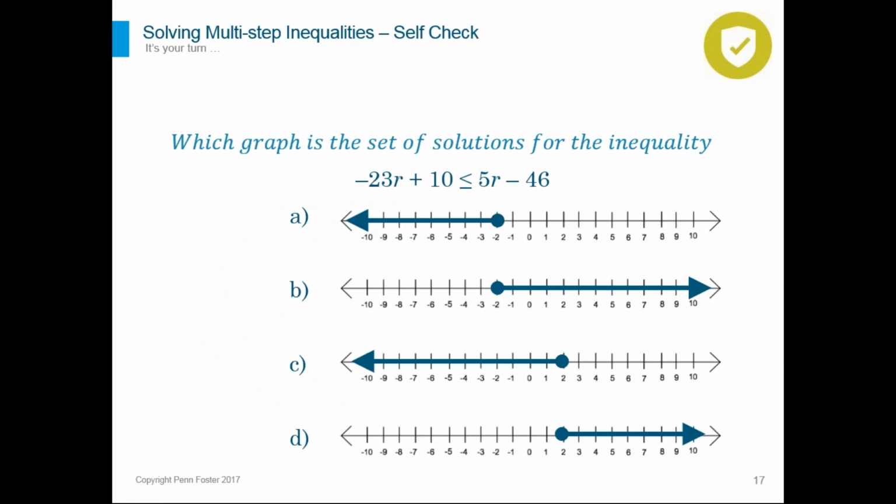So now this question is a little bit different. Which graph is the set of solutions for the inequality? It gave us a complicated inequality with some multiplications and addition, the variable appearing on both sides.